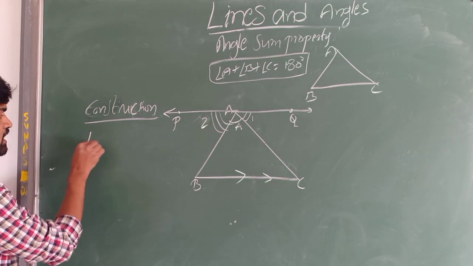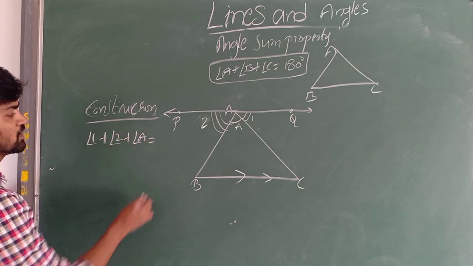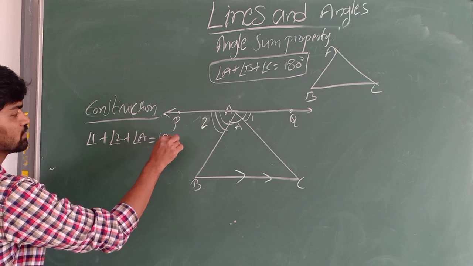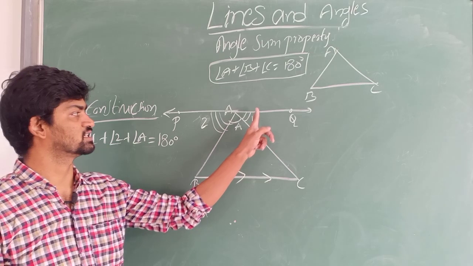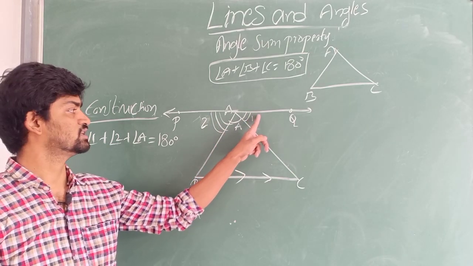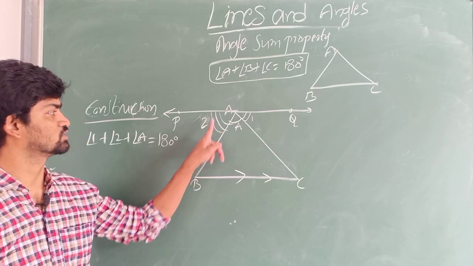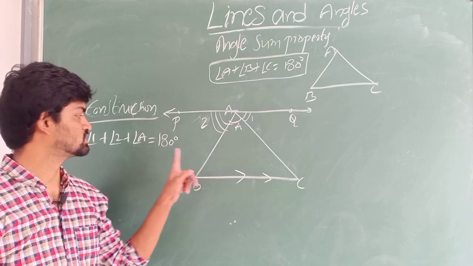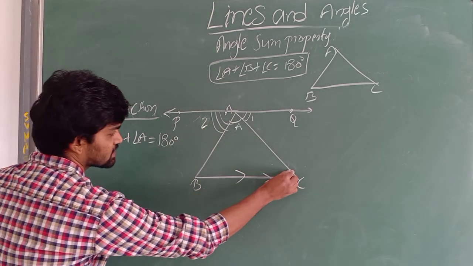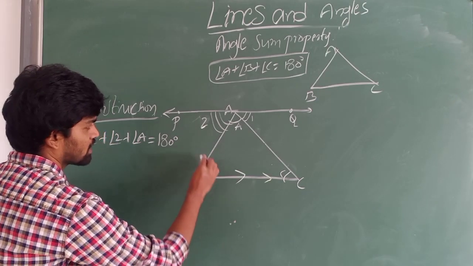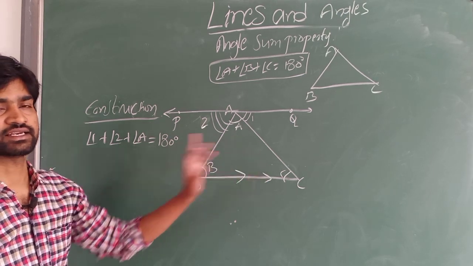Now angle 1 plus angle 2 plus angle A, how much is that? 180 degrees, because they are angles on a straight line. The sum of these angles is 180 degrees. Angle 1 plus angle A plus angle 2, angles on a straight line, is 180 degrees. Now angle 2 and angle C are alternate interior angles.